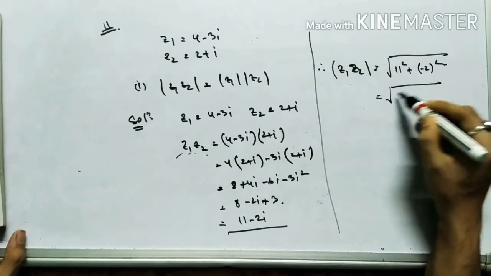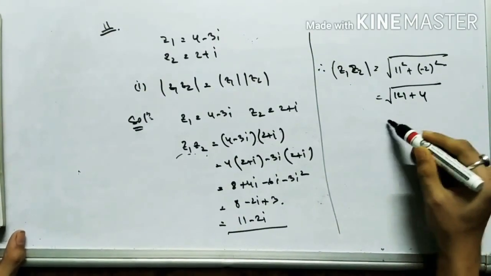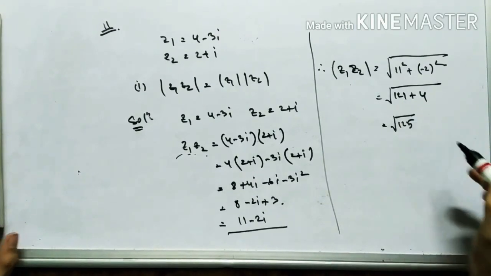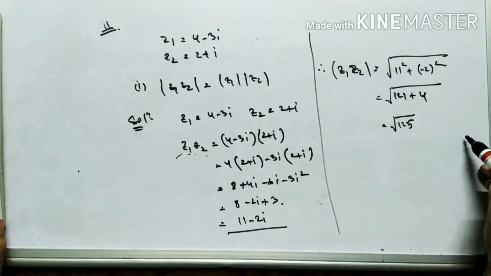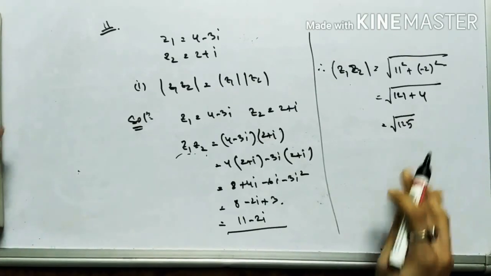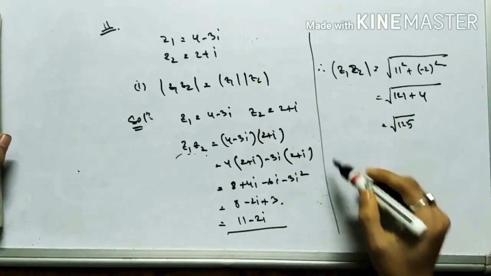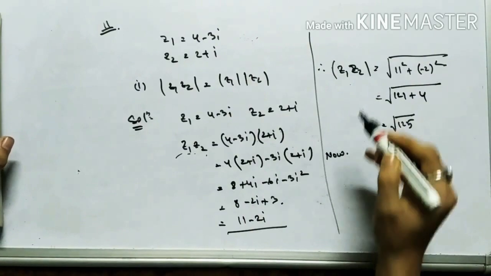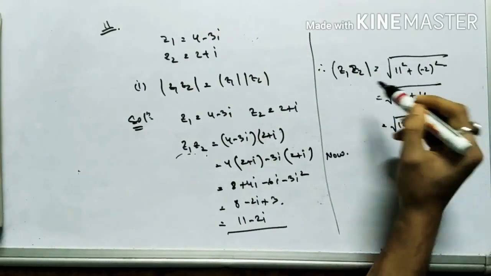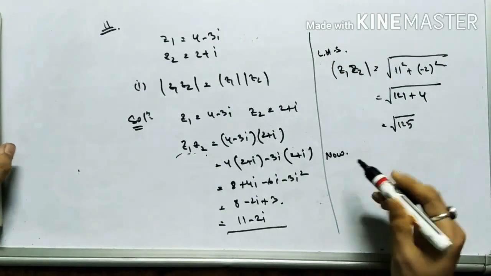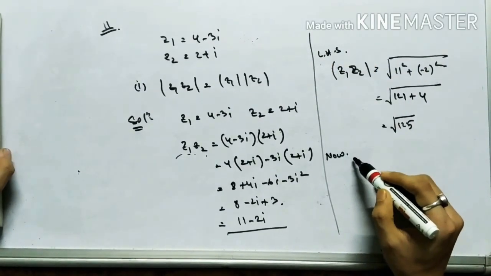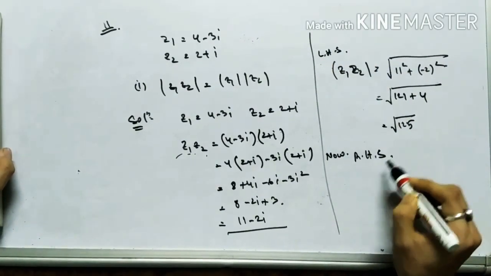So this is equal to 121 plus 4, so it will be 125. Okay, root over 125. This is your LHS.